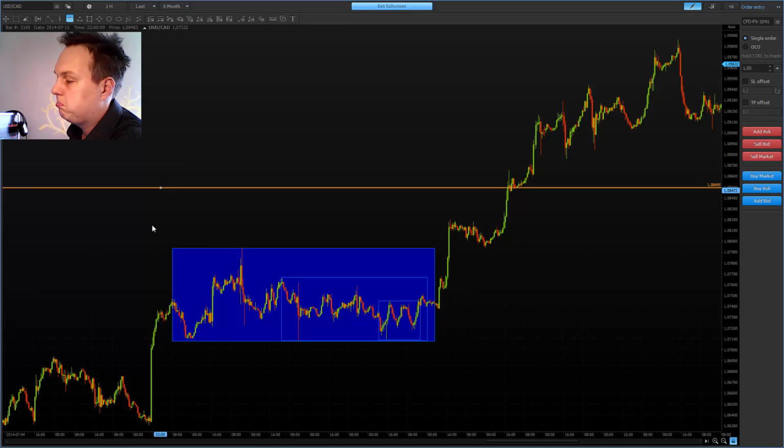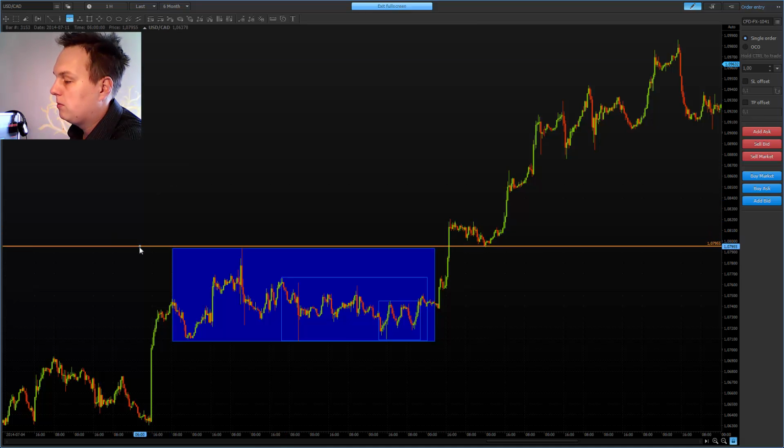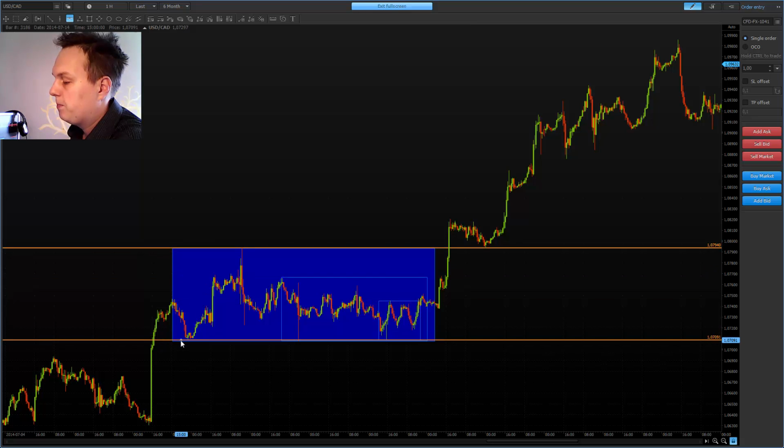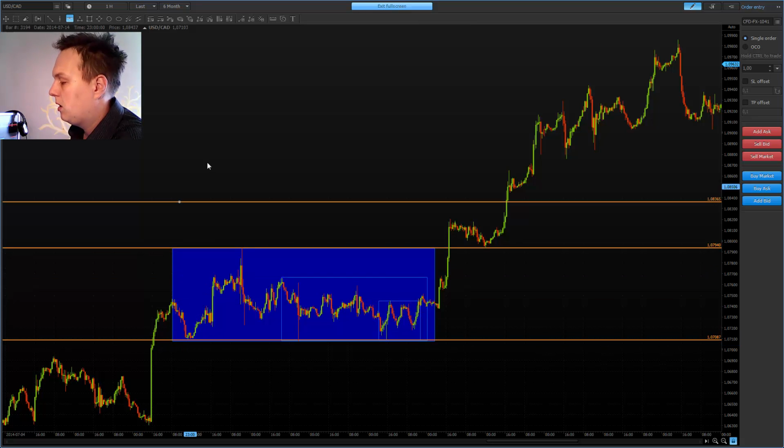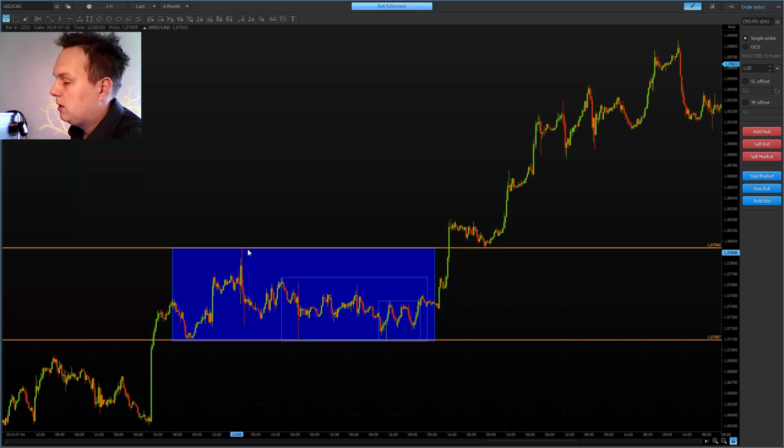That seems most legit to me. As you can see, this approach of taking the whole range from top to bottom is confirmed here, where price found support after it broke up.